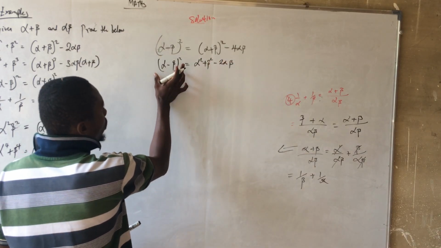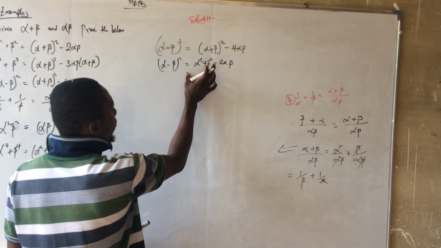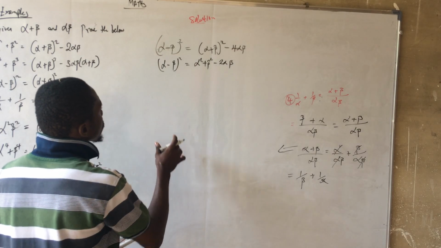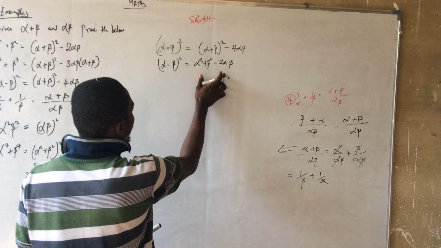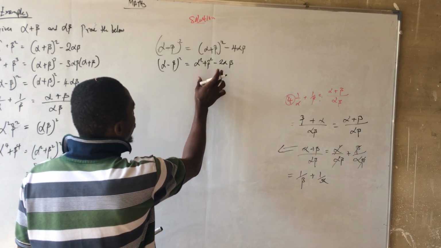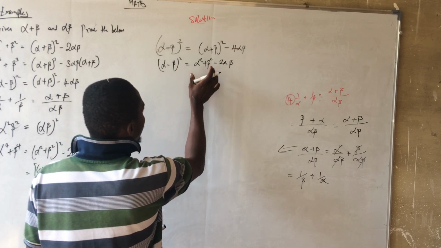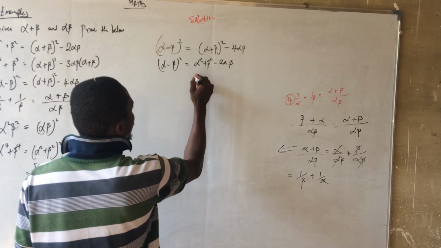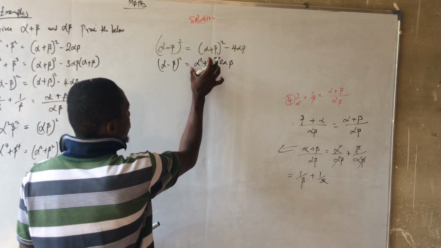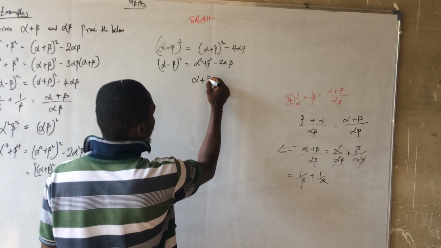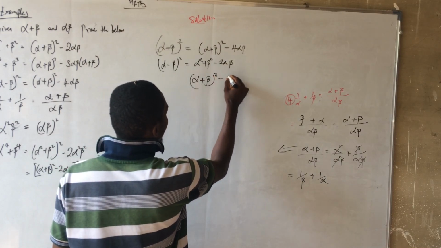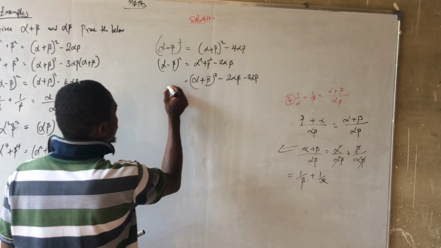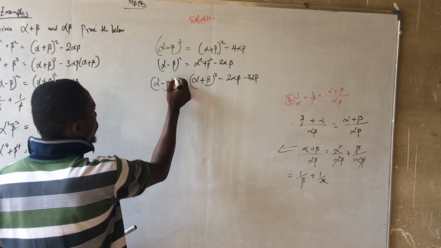But I remember that in here, when I do alpha plus beta all raised to the power 2 minus 2 alpha beta minus 2 alpha beta, this is going to give me alpha minus beta all squared.